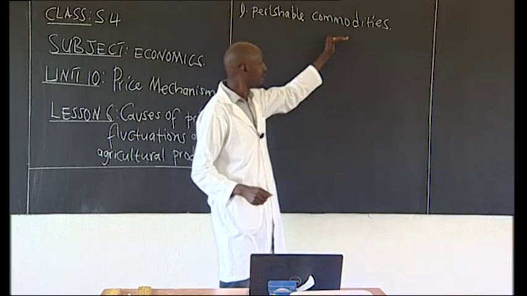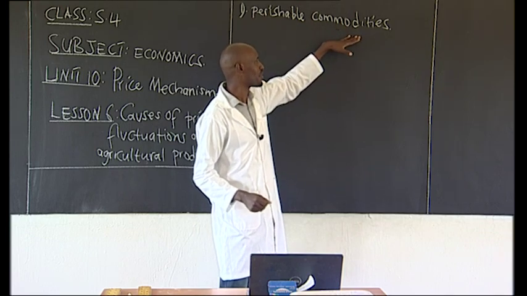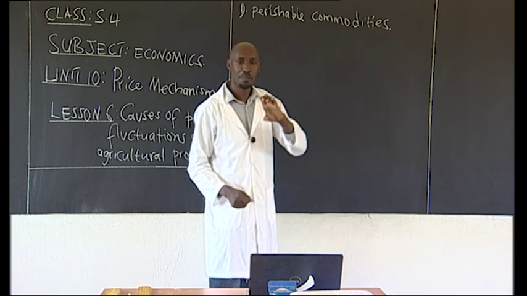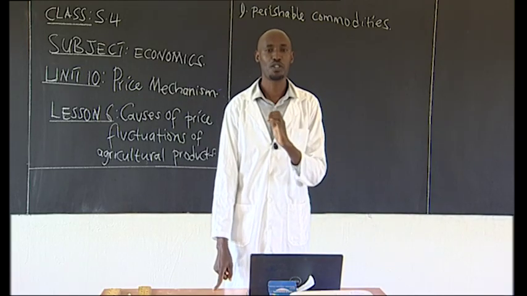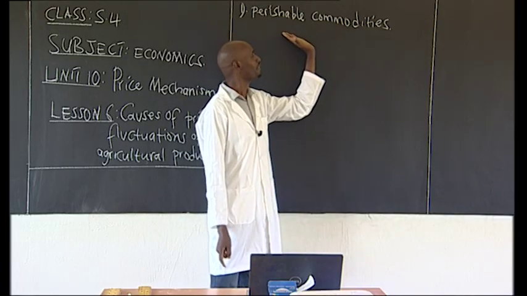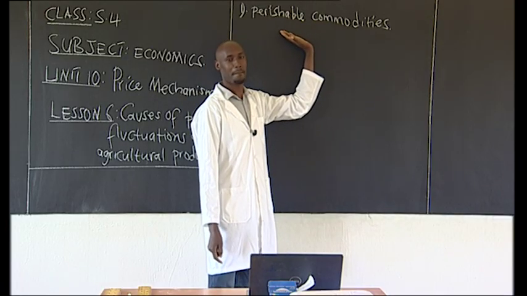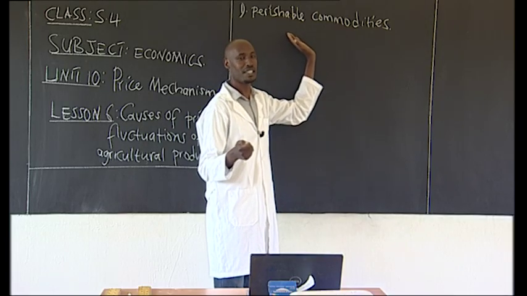When you supply cassava or tomatoes, when the supply is low, the prices will do what? They will go high, even if it is perishable, because the supply is low.